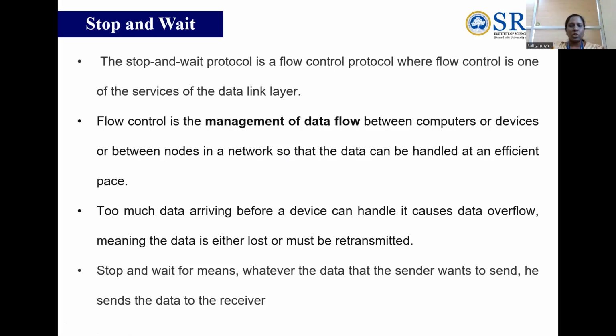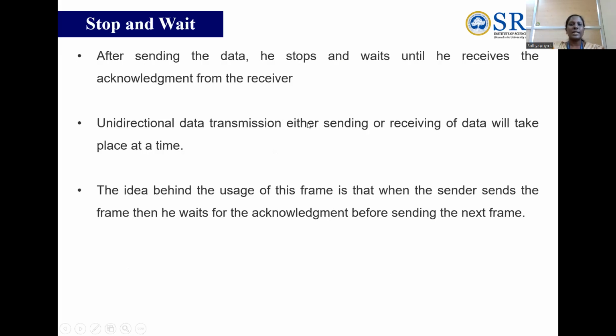In the stop and wait protocol, whatever data the sender wants to send, he sends it to the receiver. After sending the data, the sender stops and waits until the receiver sends the acknowledgement.